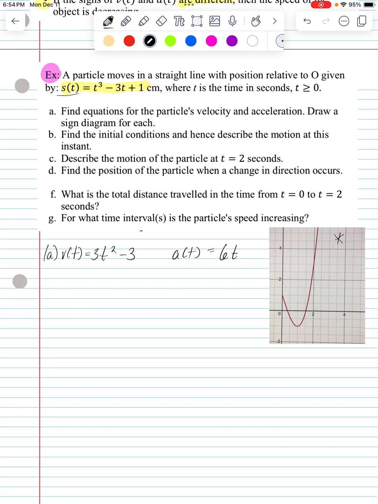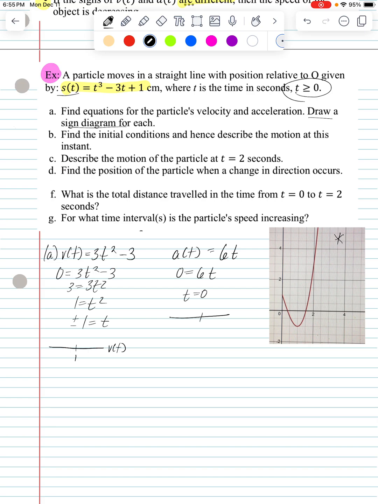Okay. It does say in the question it also wants us to draw a sign diagram for each. So we need to figure out when these are equal to 0 and then do a sign analysis. So for the velocity function, I would end up with 3 is equal to 3t squared, or 1 is equal to t squared, and I'm generating a positive or negative 1, but we can't have a negative 1 because of the domain restriction given in the question, so we'll just do our sign analysis around positive 1. For the acceleration, the only value that makes this true is if t is 0.